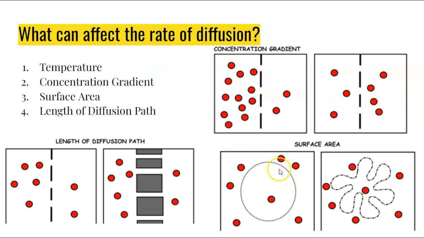The surface area, this allows for a lot of movement in because it's all very open, but this you have to kind of find the areas. If you had a lot of surface area though, obviously things can move through the cell membrane.